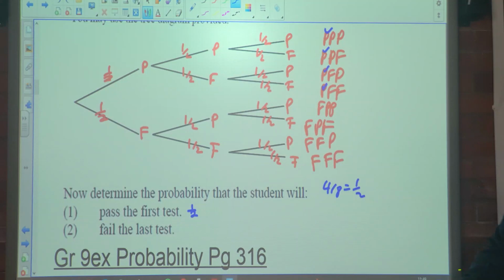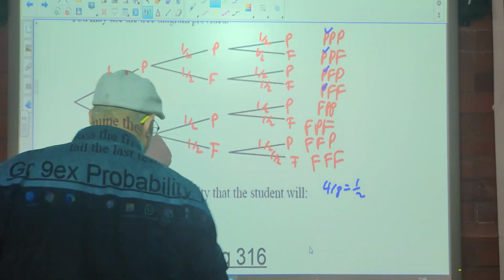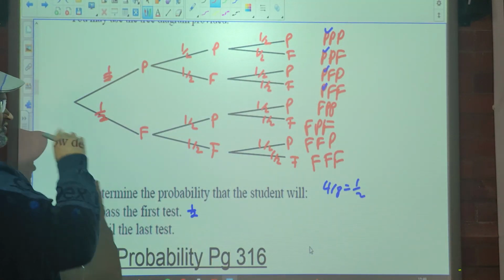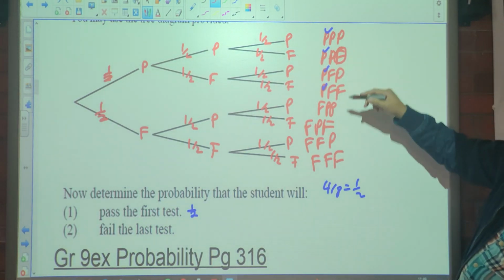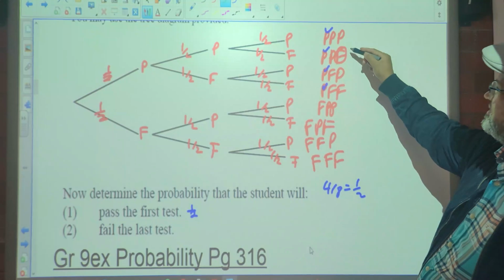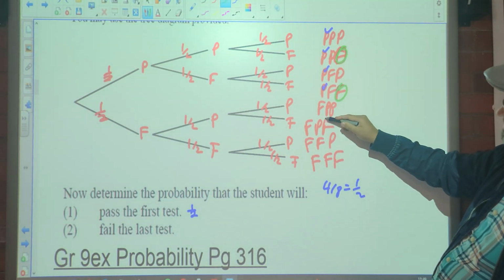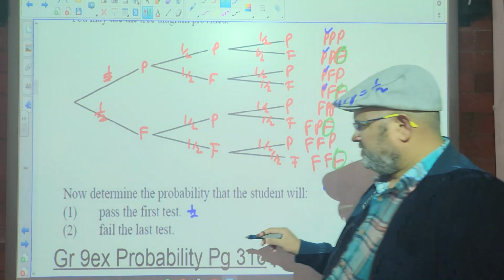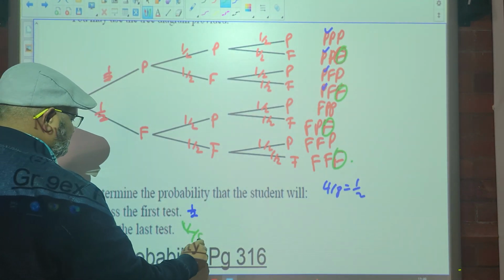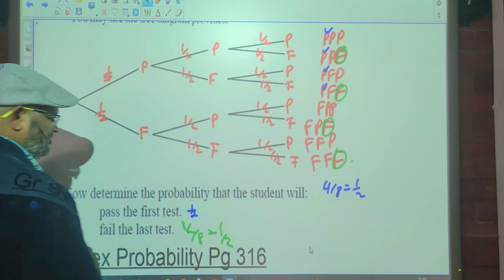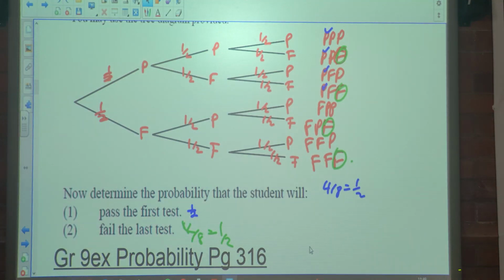You guys understand? Then it says fail the last test. Now fail the last test is that one there. It says 1, 2, 3, 4. So that's going to be 4 out of 8, which is also 50%. Wow. Okay.